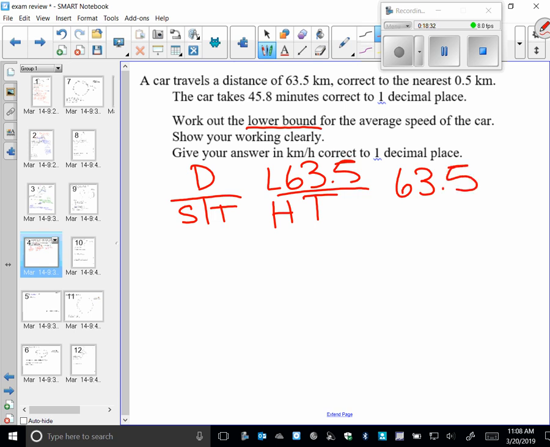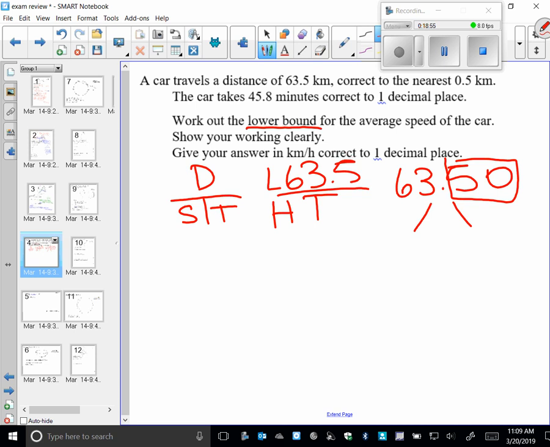So we'll do 63.5, and you are trying to get between 50 and 100. So this is 50 that I'm talking about, and then the 100 would be 64.